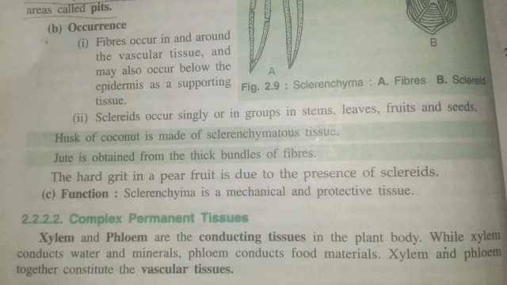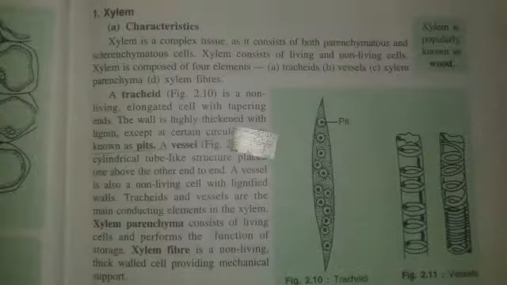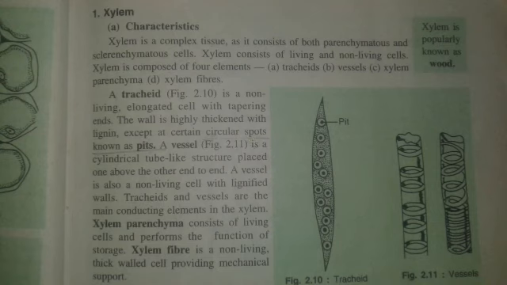That is, tracheids, vessels, xylem parenchyma, and xylem fiber. So a tracheid is a non-living elongated cell with tapering ends. The ends are pointed. The wall is highly thickened with lignin, except at certain circular spots known as pits, which are present on the surface of the tracheid cells. A vessel is a cylindrical tube-like structure placed one above another.